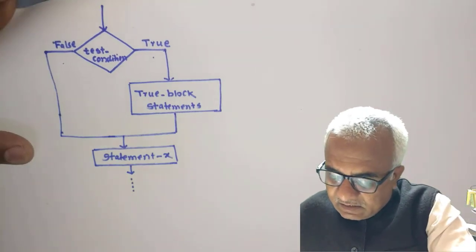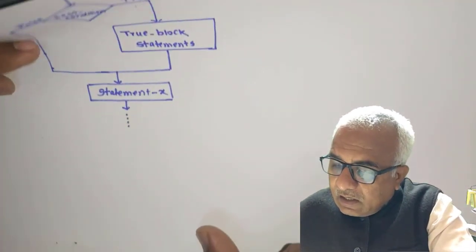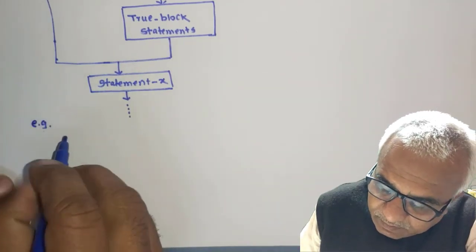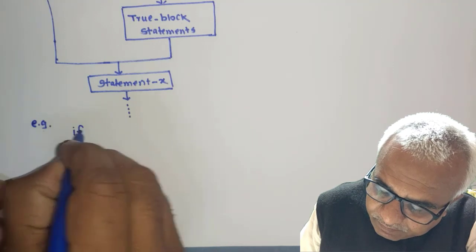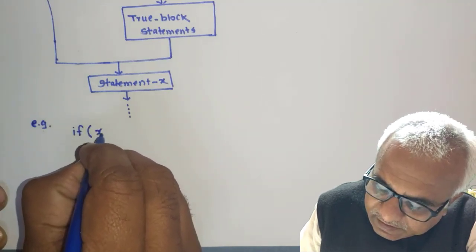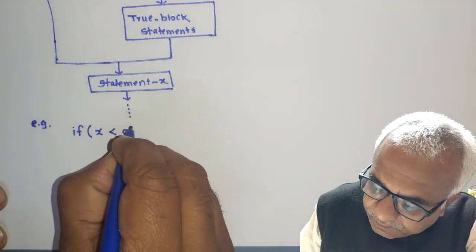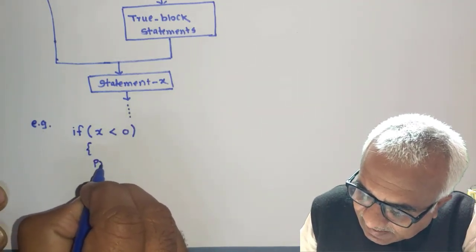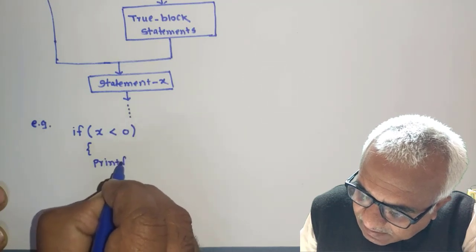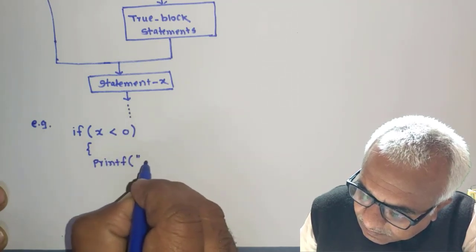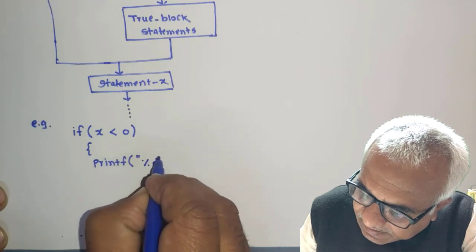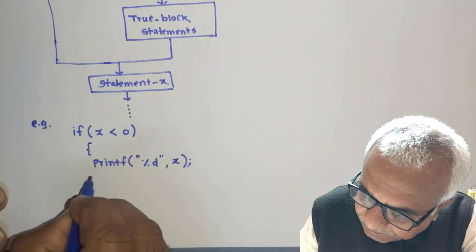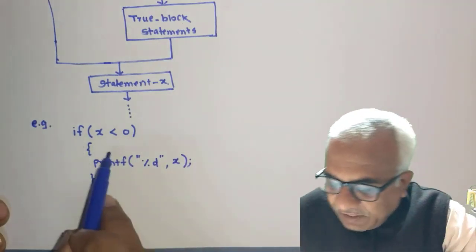Let us write some examples. For example, if X is less than 0, then printf %d X. What does it mean?